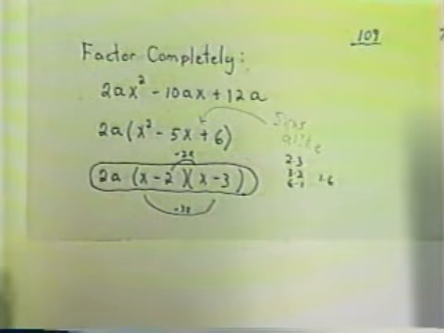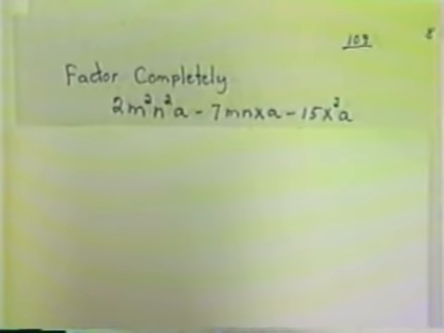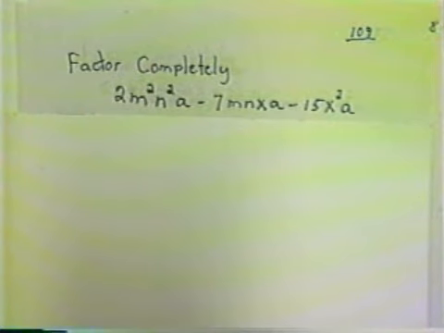Let's look at another one in which I want you to factor completely. Factor completely 2m squared n squared a minus 7mnxa minus 15x squared a.